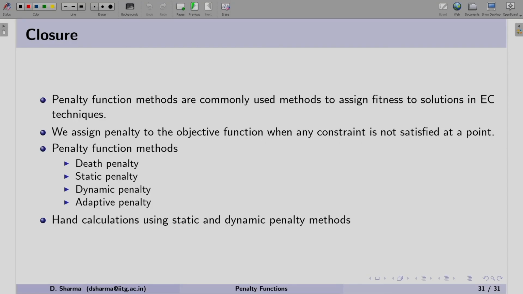To understand the penalty function methods, mainly the static and dynamic penalty, we took a set of solutions and performed the hand calculation so that we can understand how a solution gets its fitness. With the explanation of these penalty function methods, I conclude this session.